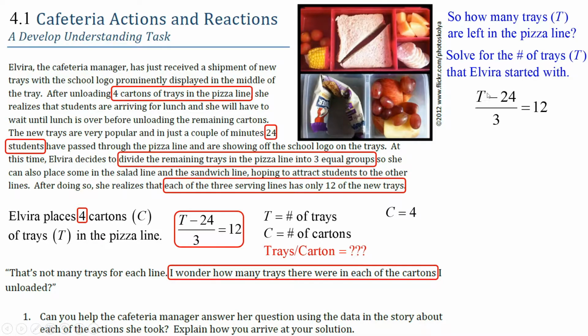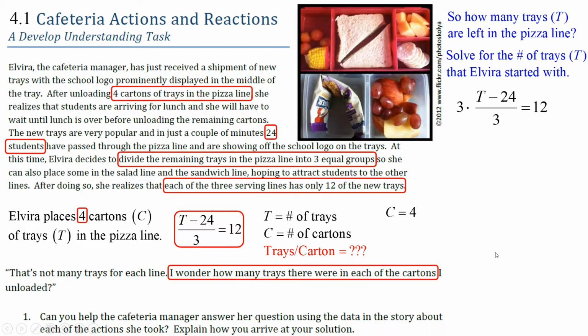How am I going to isolate the T? Well, you've got to think about what you undo first. Do you see that the T minus 24 is being divided by 3? So if I took both sides of this equation and I undid division by 3, what undoes dividing? Multiplying.